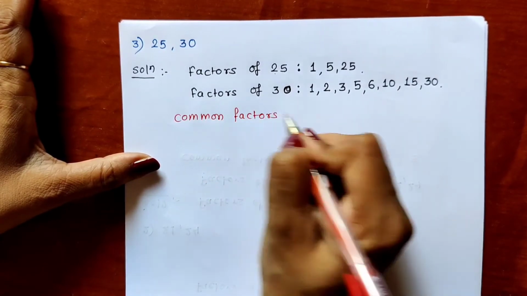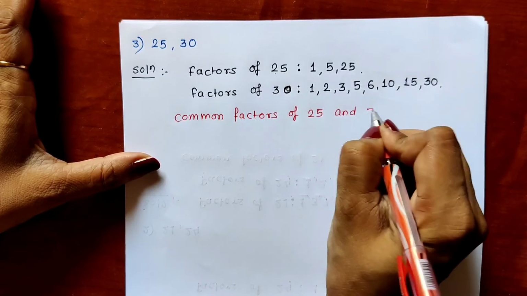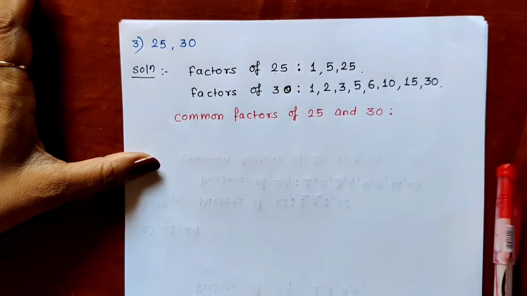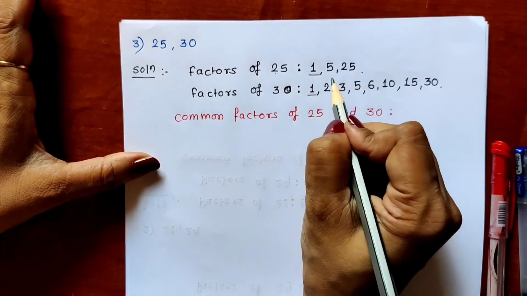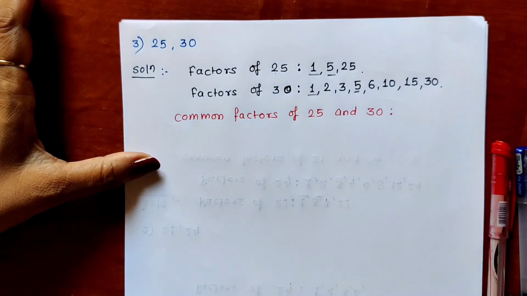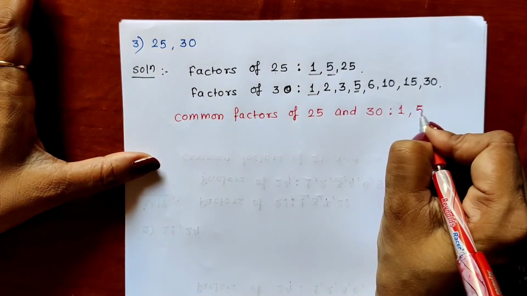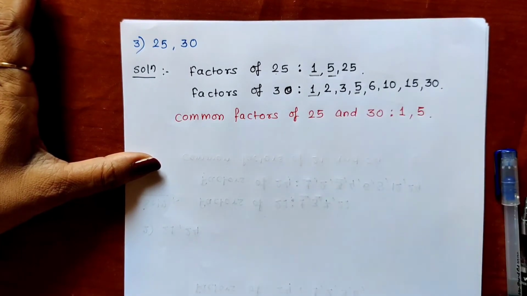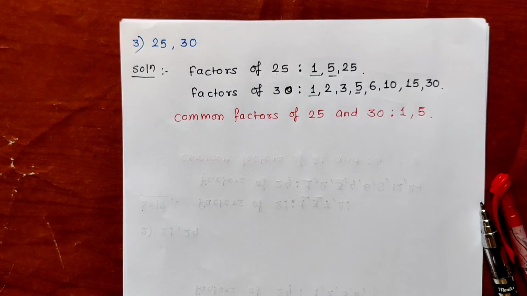Common factors of 25 and 30. First, just underline them. 1, which is common, next 5. After that, no common factor. So 1 and 5 are the common factors of 25 and 30.